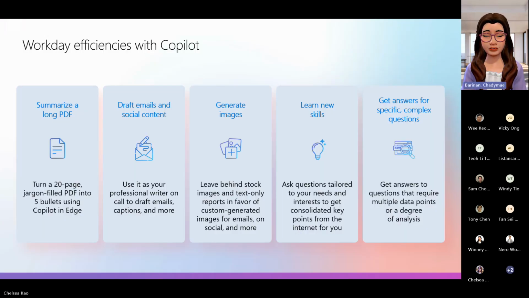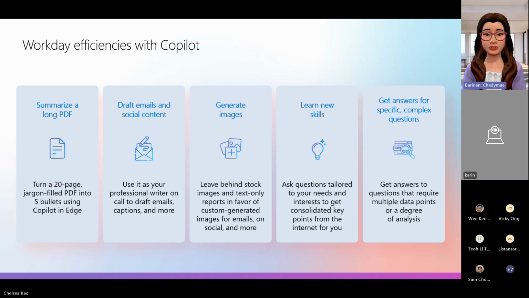All right. So these are some of the workday efficiencies with Microsoft Copilot. These are some of the work use cases that a lot of employees are looking at now. It can help you in summarizing long PDFs.